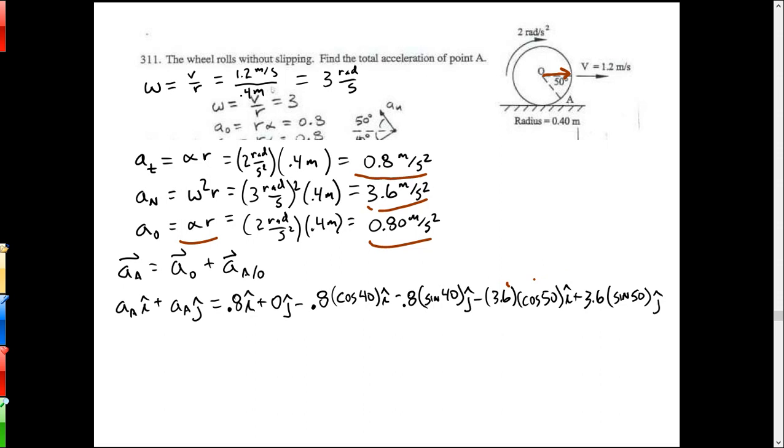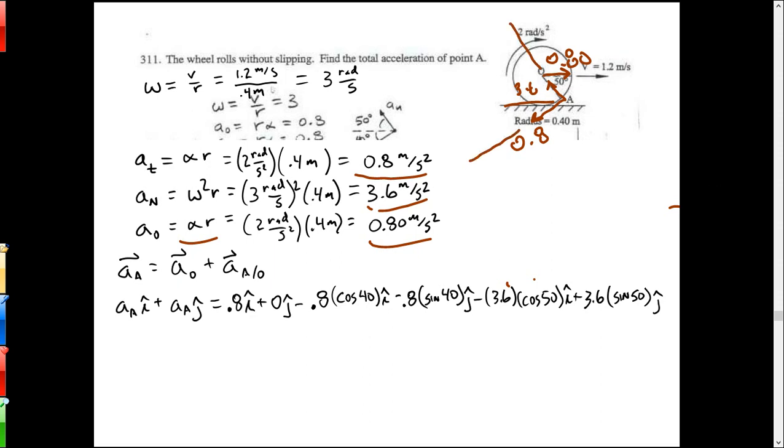The whole wheel is accelerating at 0.8. That then is also the tangential acceleration. And then the normal acceleration goes from A towards O, and that's 3.6. So it's just a matter of looking at those 3 different accelerations as vectors and breaking them up into x and y components and adding them all up. And then if you can do that, you'll get this one, okay?